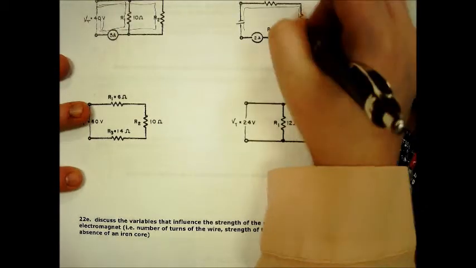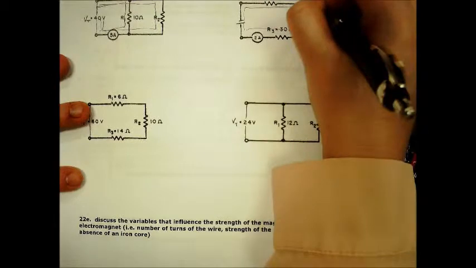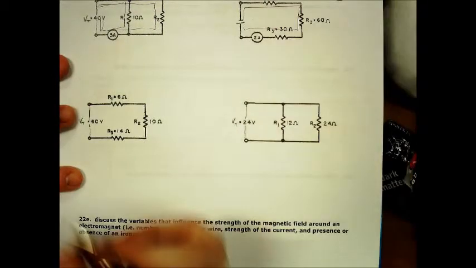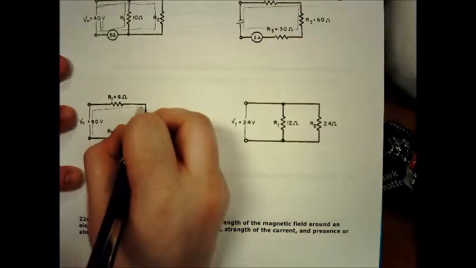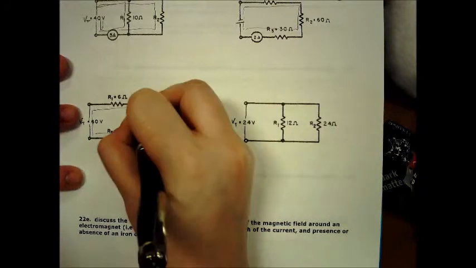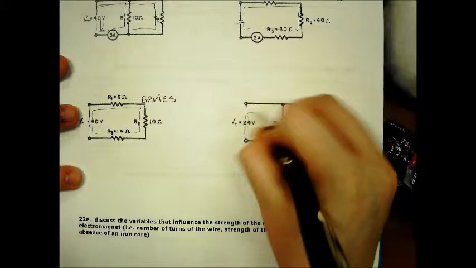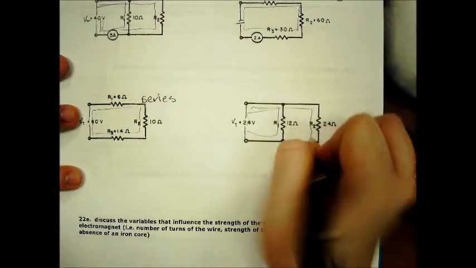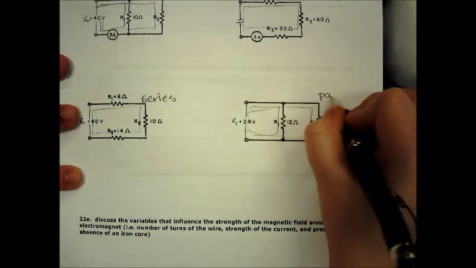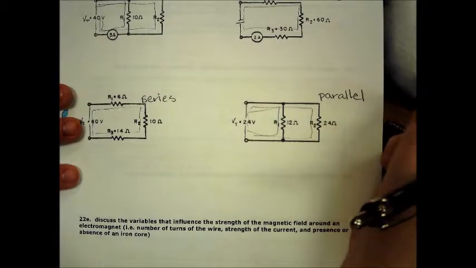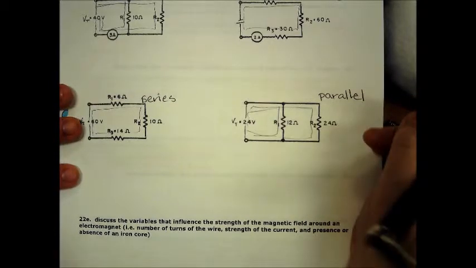This one only has 1 path, so it's series, 1 path, series, two paths, parallel.